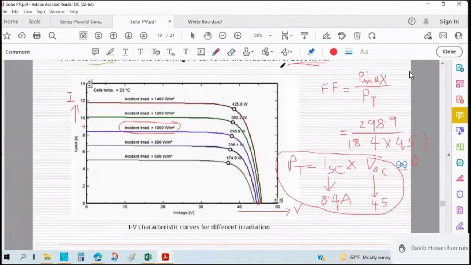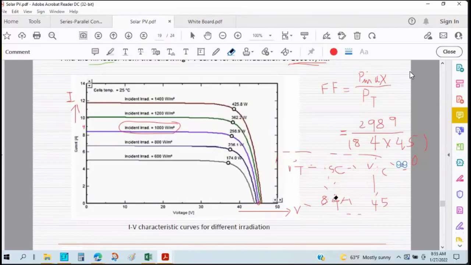Which one is correct exactly? Sir, I calculated 98.9 divided by 378. That is 0.79. Okay, we already know the value of short circuit current and open circuit voltage. That means we have to multiply 8.4 by 45, and then divide 298.9 by the calculated value.